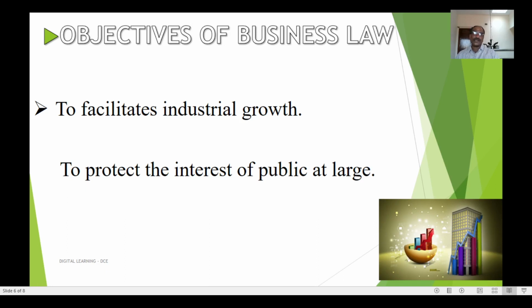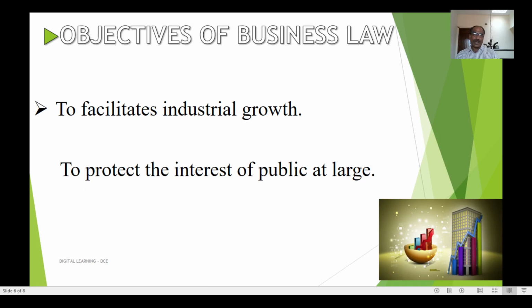If new branches are created by the business industry, it indicates that there is a growth of industries, and if there is industrial growth, then definitely there will be economic development, and there will be more and more employment generation for the people.